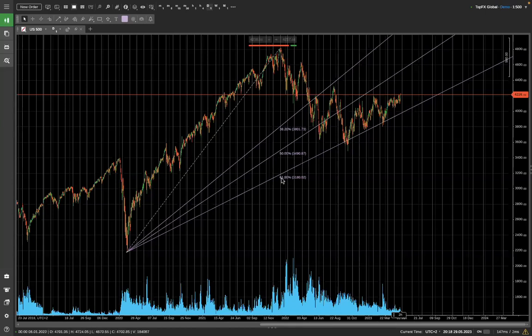Of course, the level here, 3,180, is no longer applicable because, as you can see, it was almost hit already during this movement down. So it's very low probability that the market will go again to 3,180.